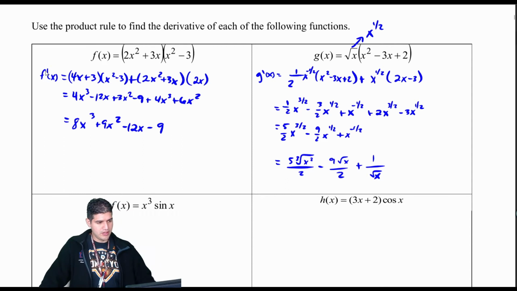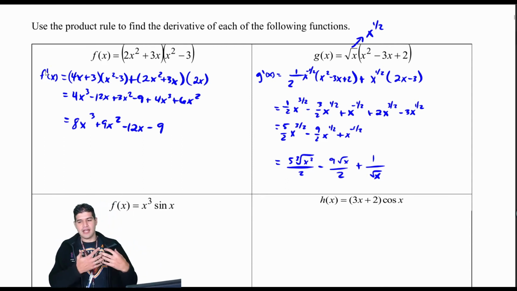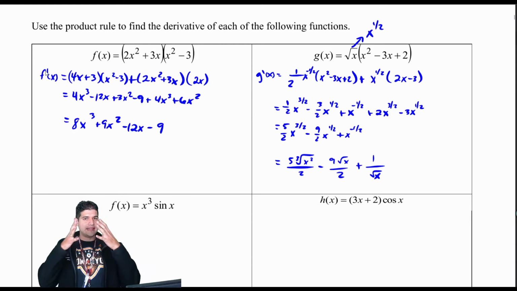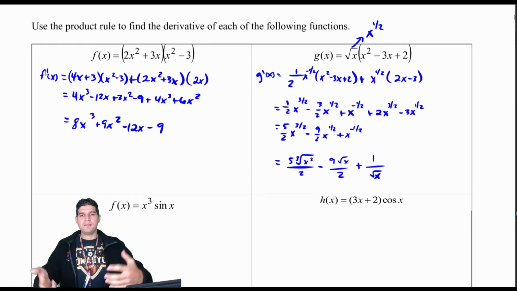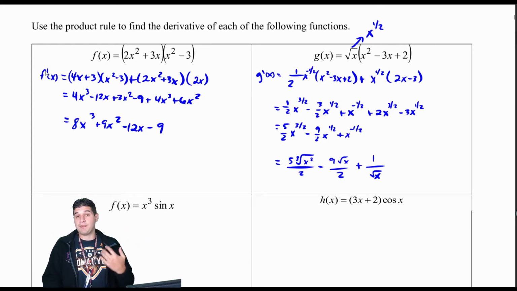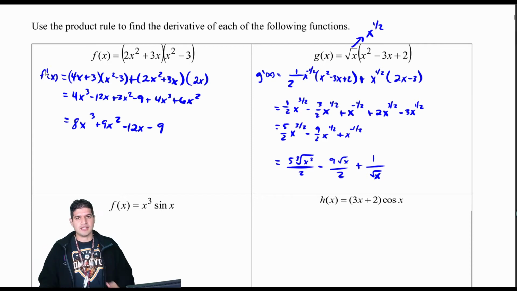All right. So everything looks pretty good there. I know it's not the simplest of problems to go through, but just keep thinking like this is a repetition of the power rule. You really need to get that power rule down, especially with square roots and fractions, things like that.